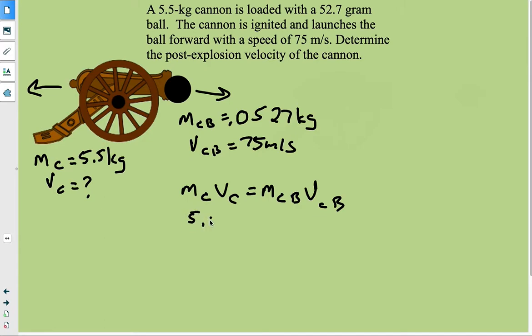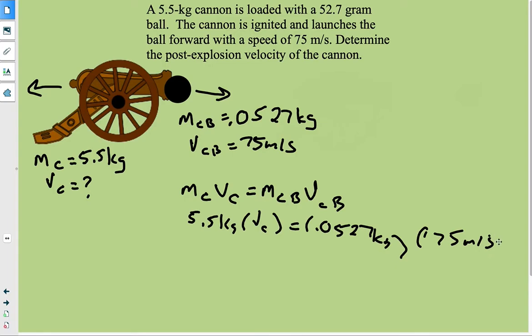So I have 5.5 kilograms times the velocity of the cannon equals 0.0527 kilograms times 75. That's just supposed to be a parenthesis. So this, if I do my arithmetic, this is 5.5 times v, and that's equal to 0.0527 times 75. Does anybody know what that is?